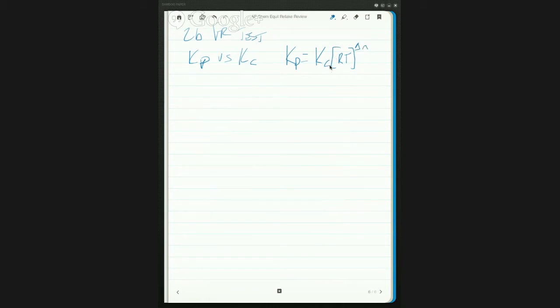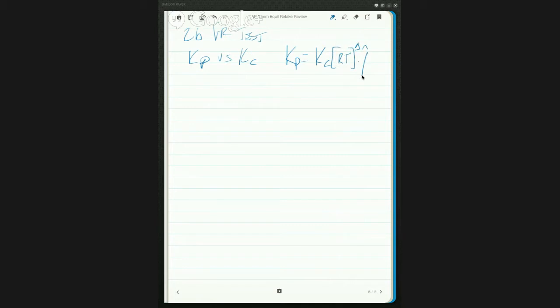So KC is concentration. KP is the equilibrium of pressure, usually of gases. So concentration can be gases too, but anyways, they're related to each other. R is the gas constant, T is temperature, and delta N, N is the moles of gas.